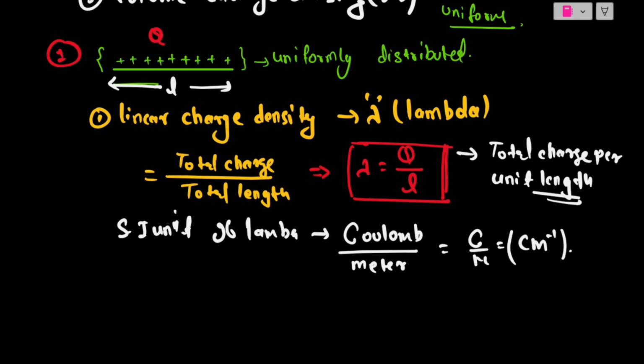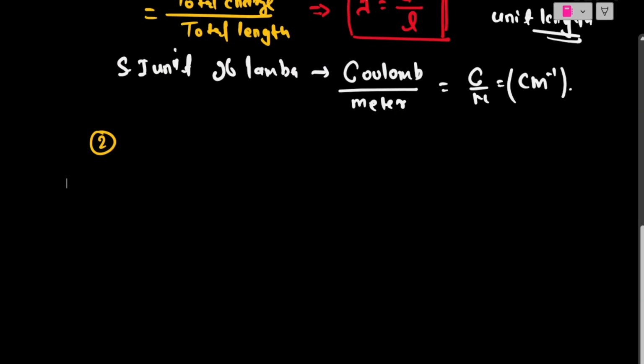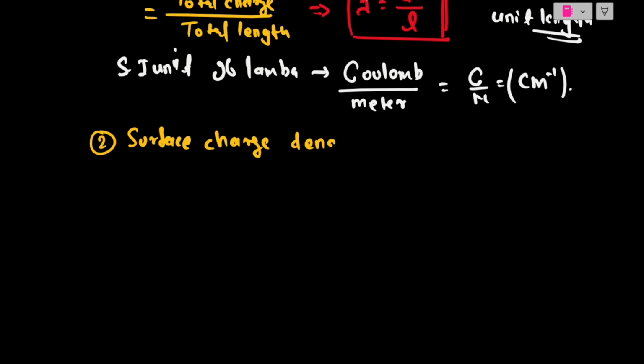So now that we have the linear charge density lambda, we can calculate the surface charge density as well. So let's head towards the surface charge density. The surface charge density refers to the density of charge in a particular region, a particular surface area.